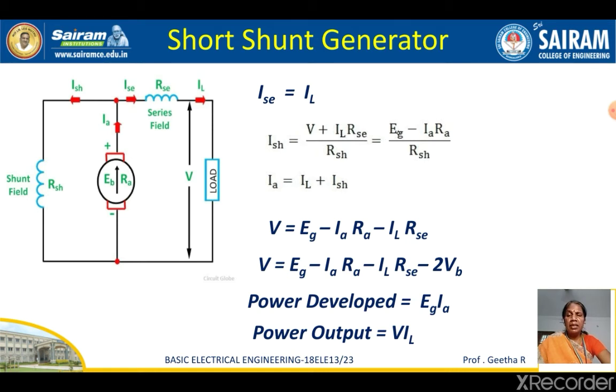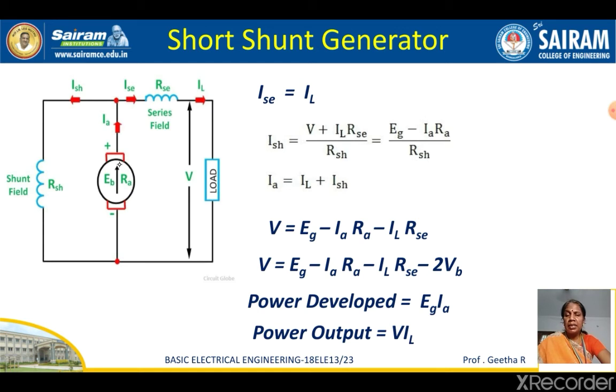Here the drop is calculated. When you calculate here, it is nothing but EG minus IARA. So this current through the shunt field ISH can also be written as EG minus IARA by RSH.